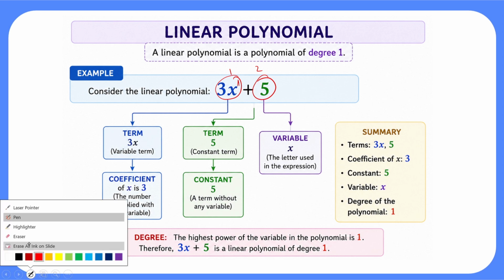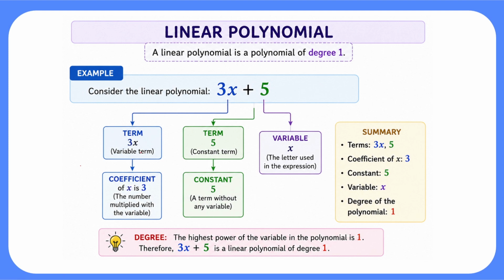This is an algebraic expression and it has two terms. Next thing, 3x is a variable term because it has a variable x along with it. 5 is a constant term because it doesn't have any variable. So it's a constant term. The variable used is just x, and the coefficient of x is 3 because 3 is multiplied with x. So 3 is the coefficient of x.